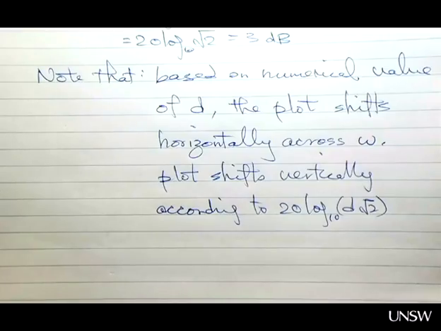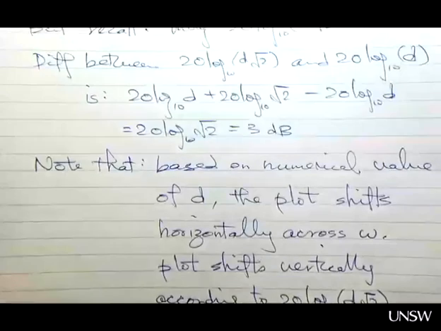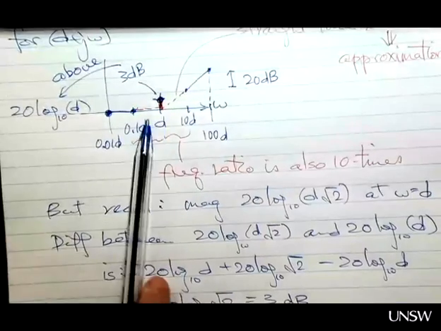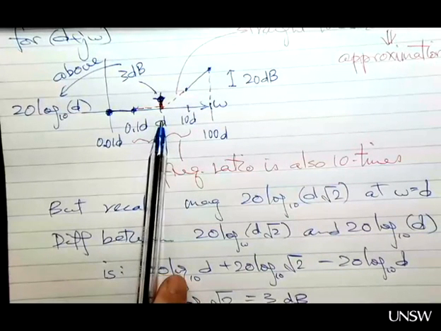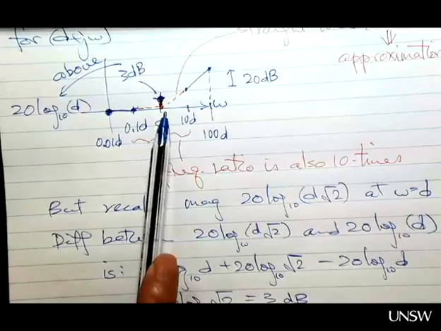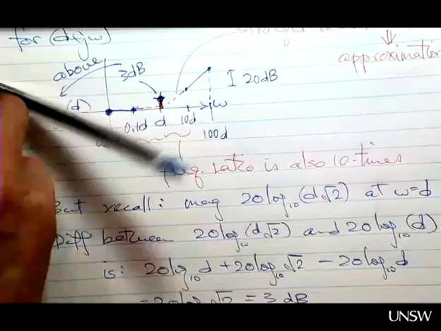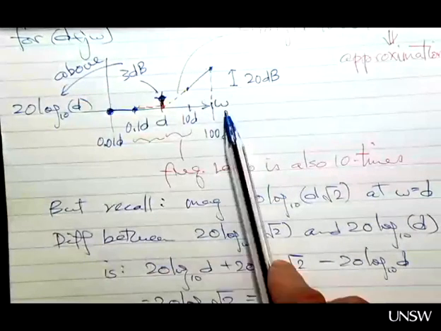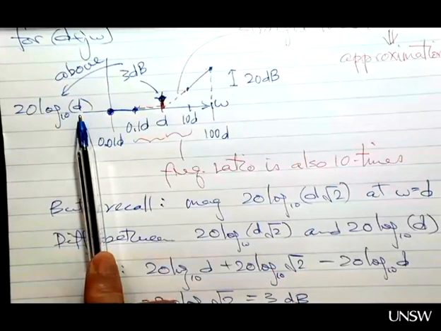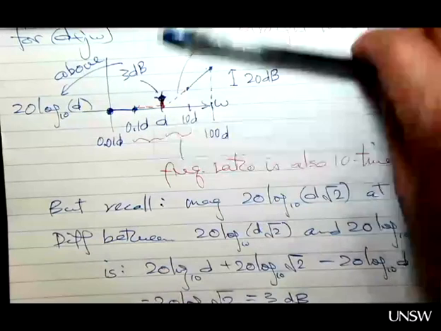It all depends on the numerical values. If we have a different d, if it is 1, for example, and in another case d is 10, then the plot will shift to the right to the higher omega. It also depends on the 20 log to the base 10 of d, so the plot also shifts up and down depending on the value of d.